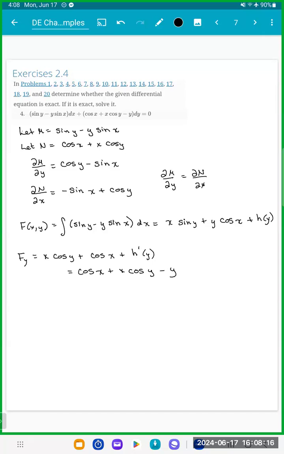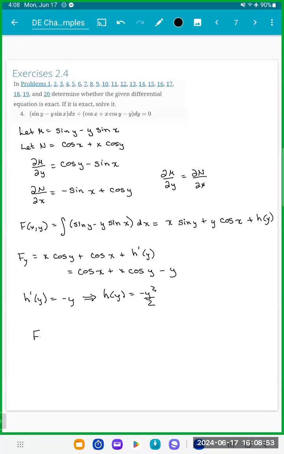And so in this case, we can also say our h prime of y is equal to negative y. Okay. Given that h of y is negative y squared over 2, we've integrated h prime of y with respect to y, right? Remember, if we have a derivative and we want to get back to the original function, we have to take the antiderivative or integration. Okay?